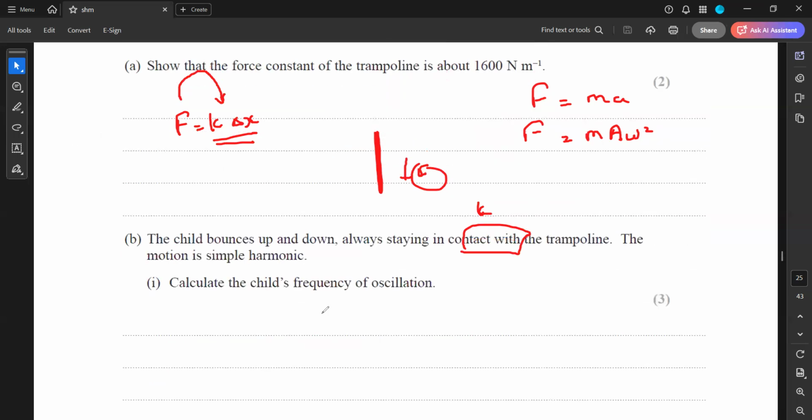The force causing simple harmonic motion, m A omega square, equals K delta X. We have m, the mass of the child, A, the amplitude, K, which we calculated in this part, and delta X, which is like the amplitude itself.